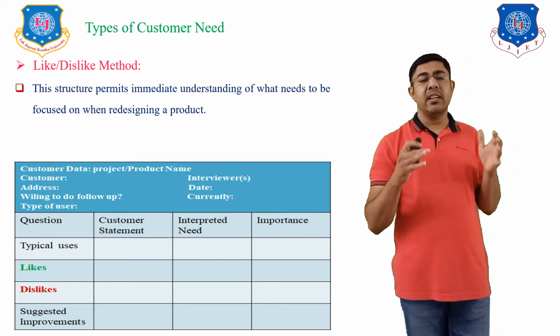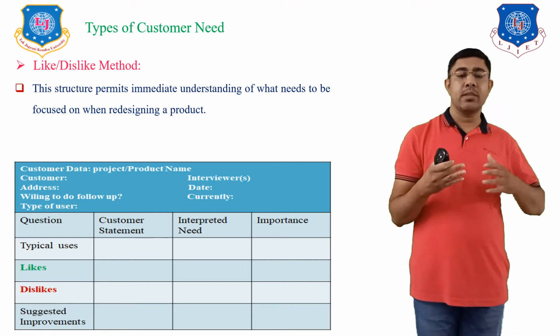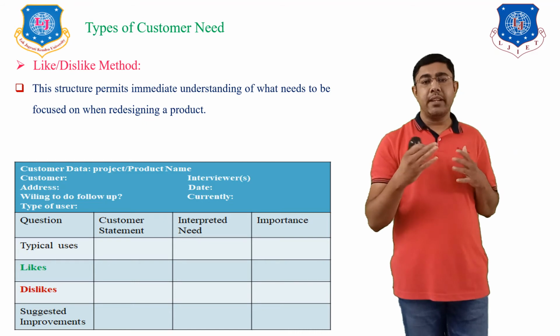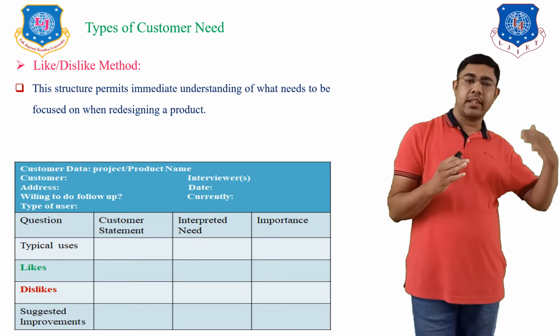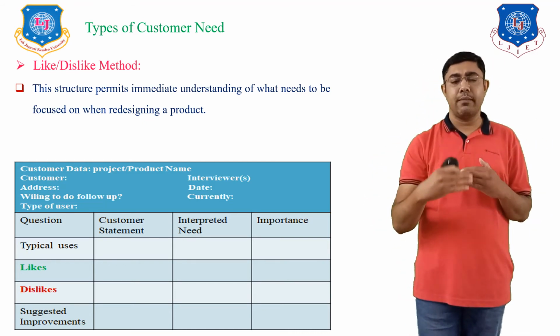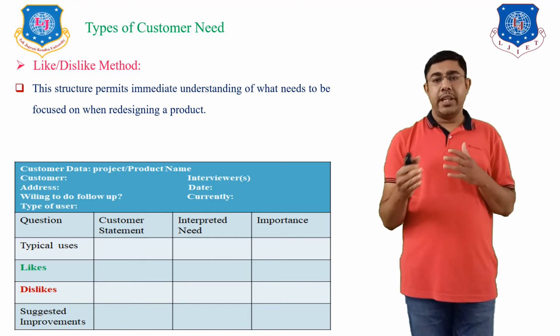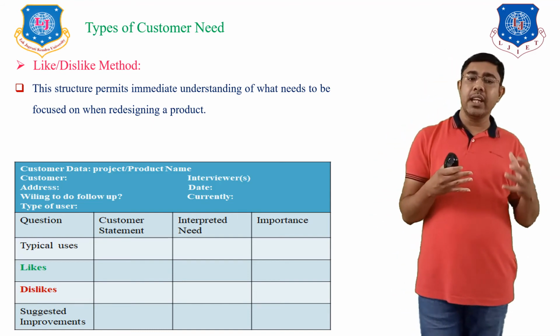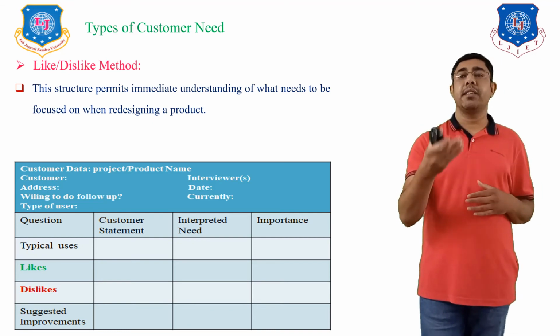From the customer statements we can understand what customers want and what they don't want, and according to that requirement we focus on the customer need when we redesign the product.